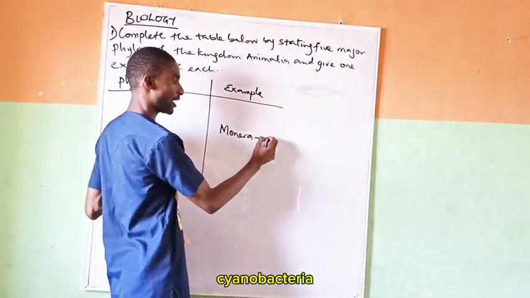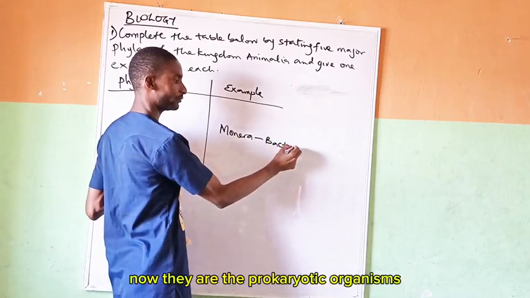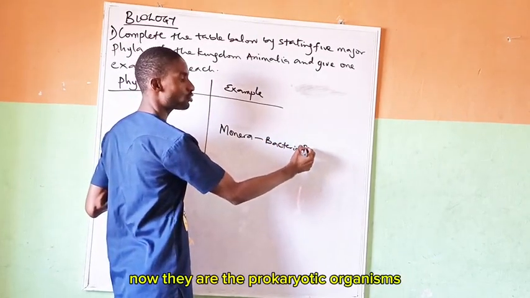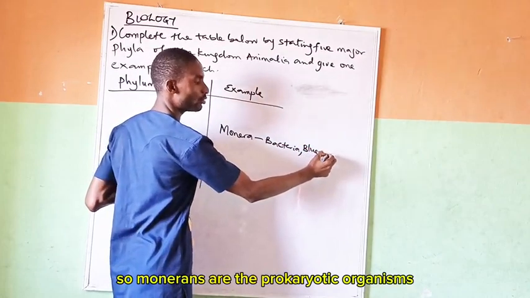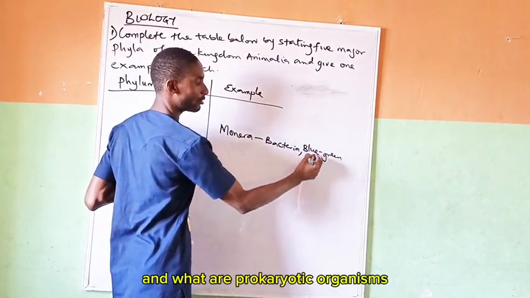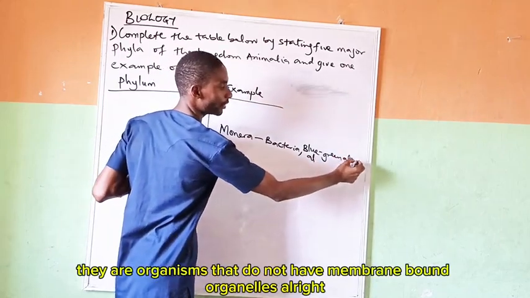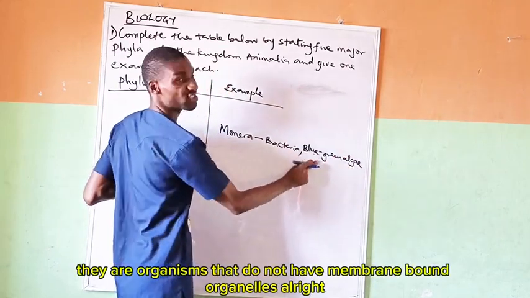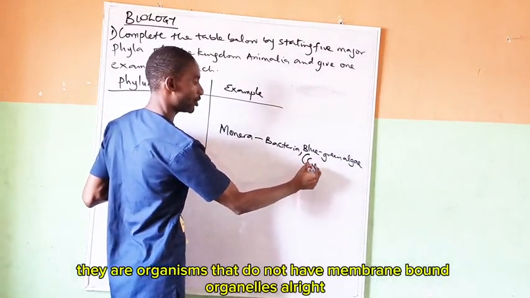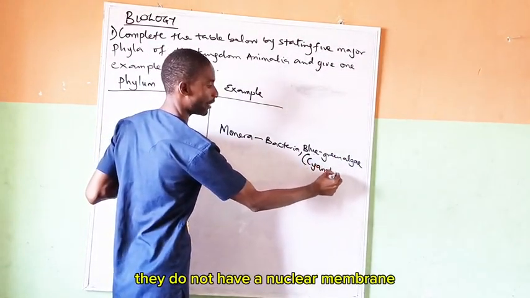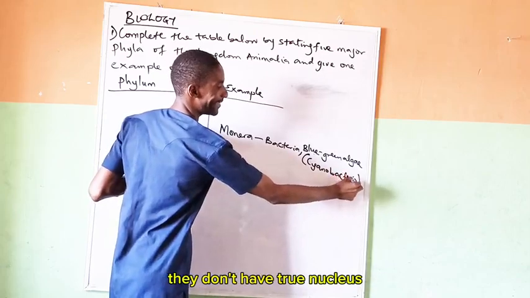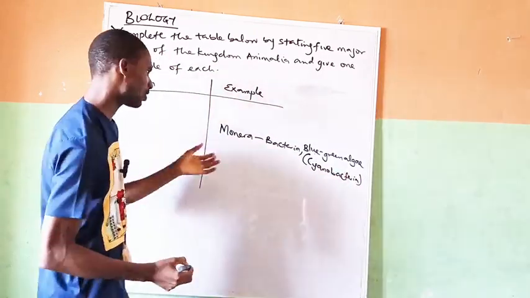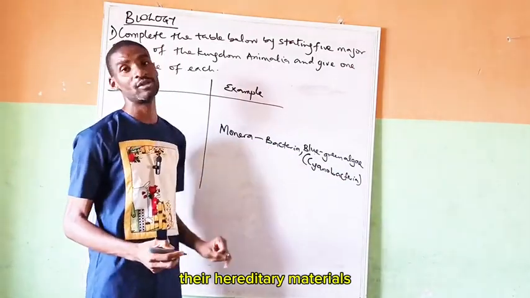You have bacteria, and then you have blue-green algae, which is also called cyanobacteria. They are the prokaryotic organisms. So monerans are the prokaryotic organisms.